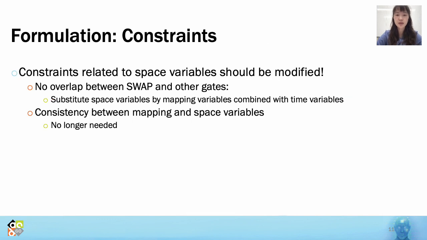Thus, we can get rid of some constraints related to space variables. For example, consistency between mapping and space variable is no longer needed. In addition, we need to modify constraints using space variable by rewriting them using mapping and time variable.